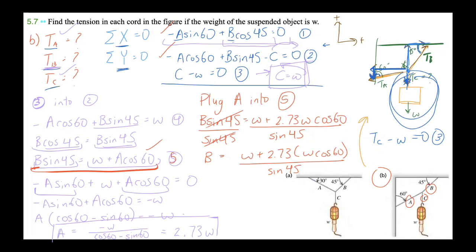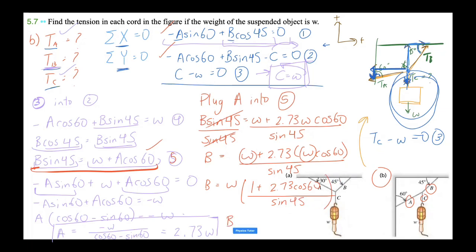So let me plug that into my calculator. Actually, no, let me just isolate this a little bit more. So that means B is equal to, let's just pull out this W factor, W times (1 plus 2.73 cos 60) over sine 45. Okay?